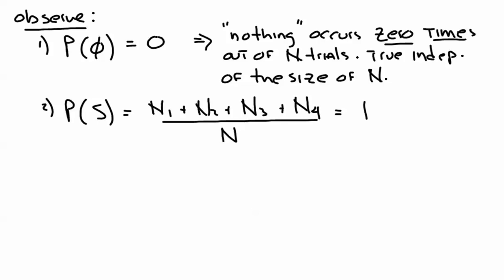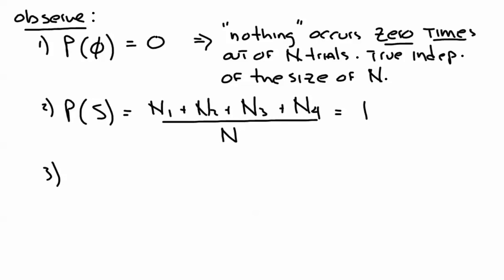If I add up the relative frequencies of all of the possible outcomes, I'm always going to get 100%. It's 100% likely that something is going to happen. And if I take the limit as n approaches infinity, my relative frequencies will approach my exact probabilities of the various outcomes, add those up, and it's going to be 100% likely that something occurs.